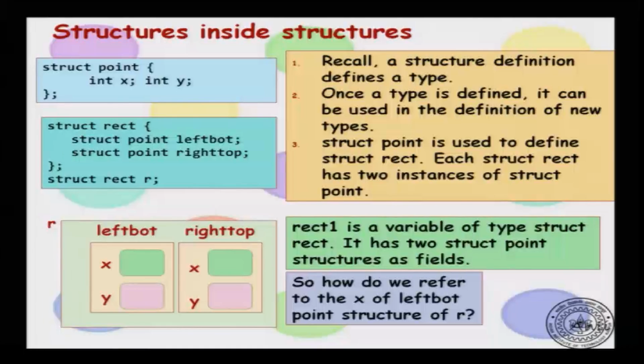Okay. Now, let us take the game a bit further. You know that you can define structures whose subfields are standard C data types. Now, if user defined structures are of the same category as standard data types, then I should be able to define structures whose internal fields are themselves structures.